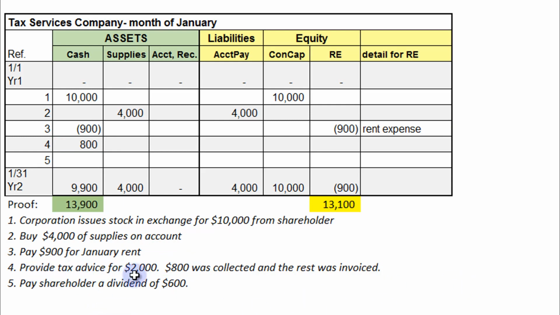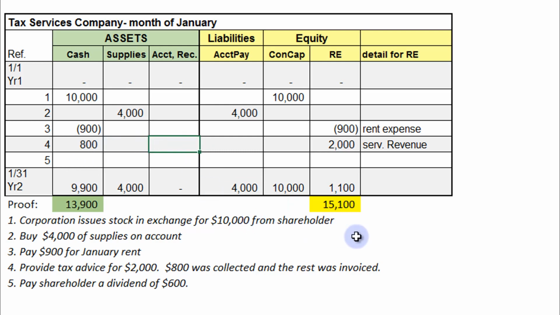Well, we provided services of $2,000. Under the accrual method, we're going to recognize all $2,000 as revenue. We'll call it service revenue, even though we only collected $800 of it. Remember our definition of revenue: inflow of assets in exchange for providing goods and services. Well, what assets did we get? We got cash, and we got a promise.